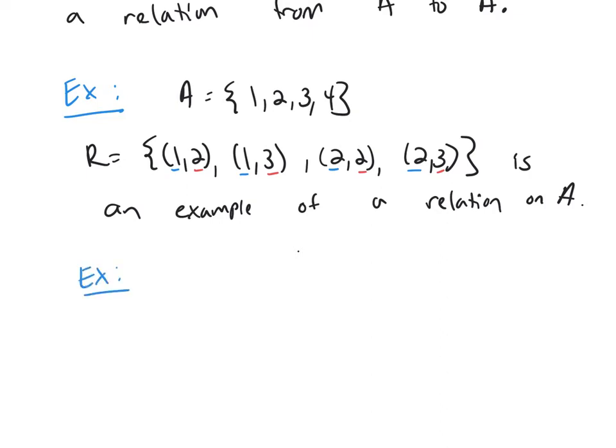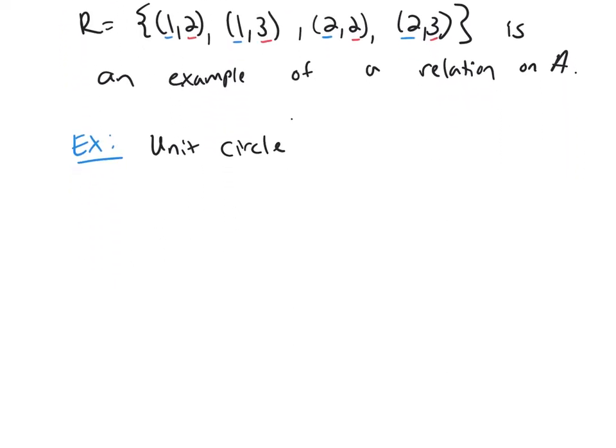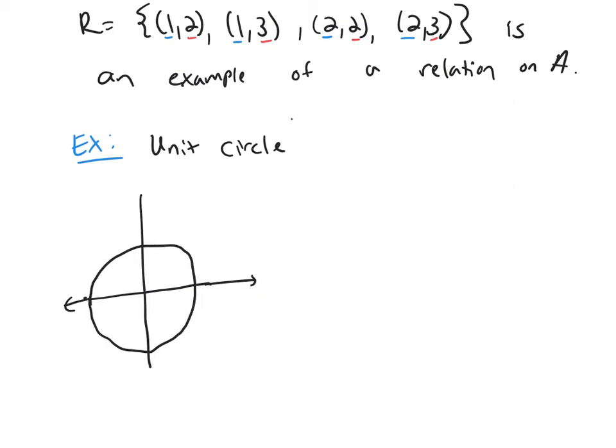Let's think about something you see a whole lot in math, the unit circle. Well, the unit circle is made up of some points in two-dimensional space, or what's sometimes referred to as Euclidean space.